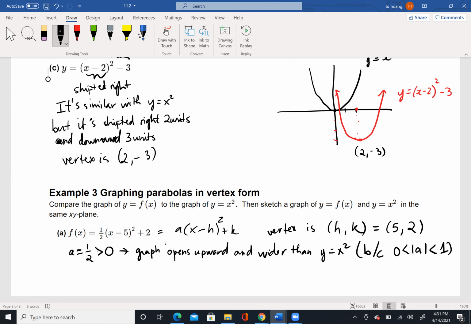So let's describe the transformation associated with this graph.